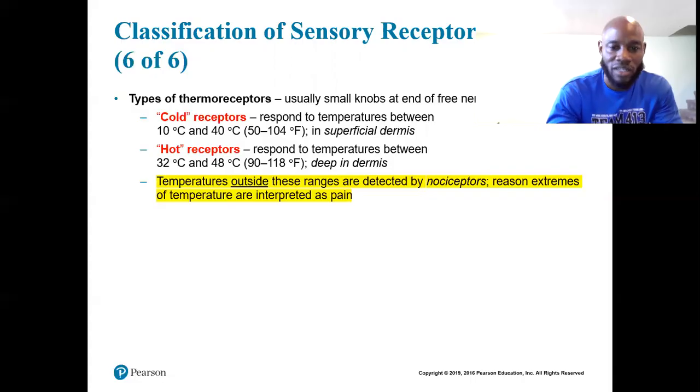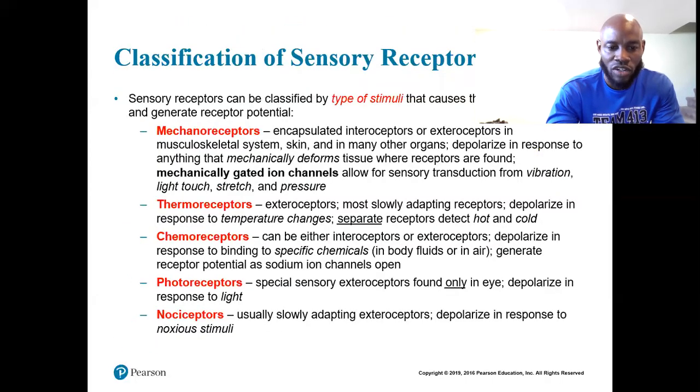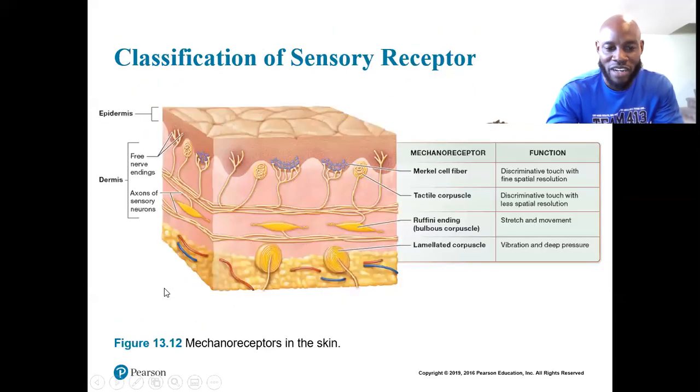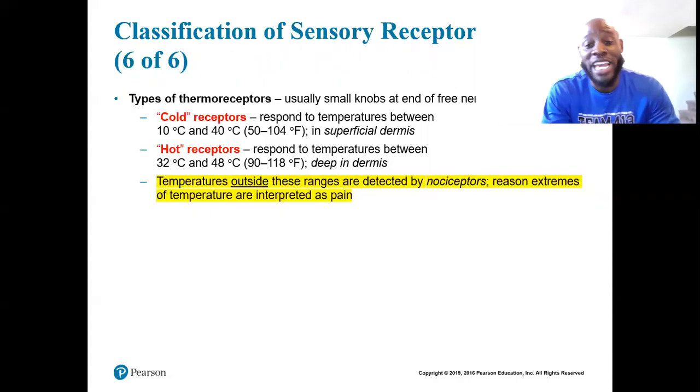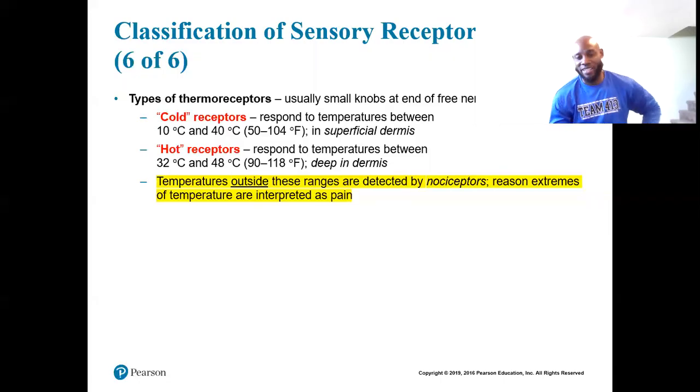I didn't talk about that in detail. Nociceptors, I didn't mention them before, but now you'll see that those are your receptors for pain. So if something is too cold or too hot, your body doesn't interpret it as hot or cold per se.